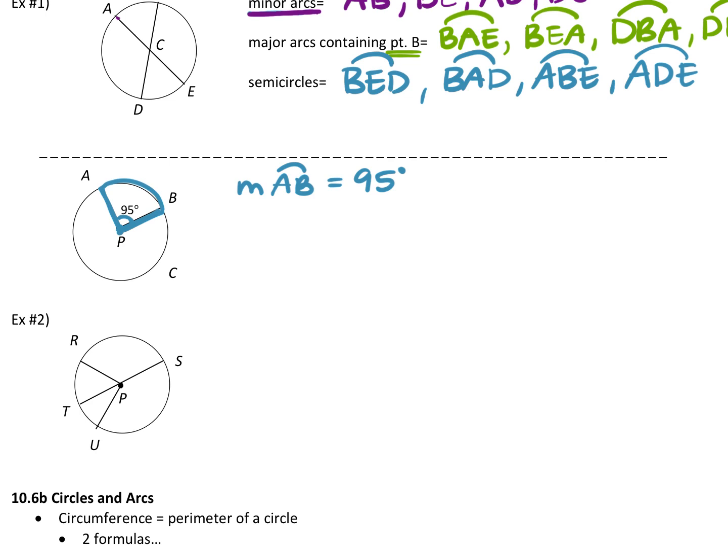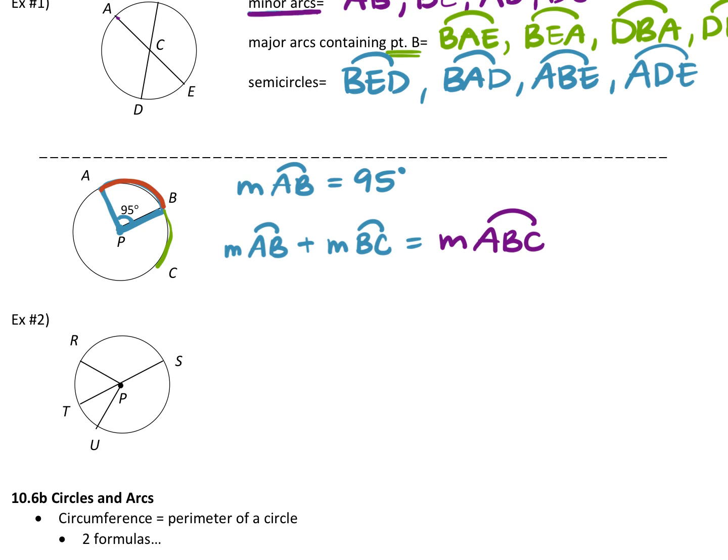And if I take the measure of arc AB and I add to it the measure of arc BC, I get the measure of arc ABC, that whole thing together.